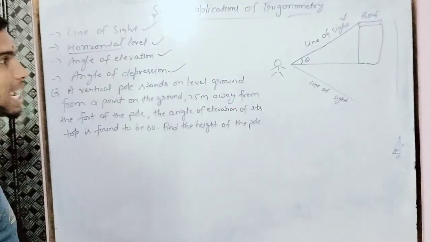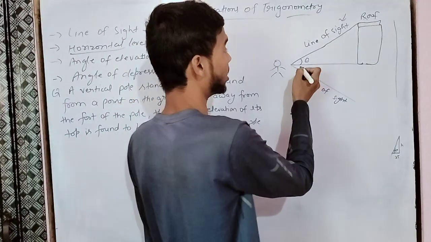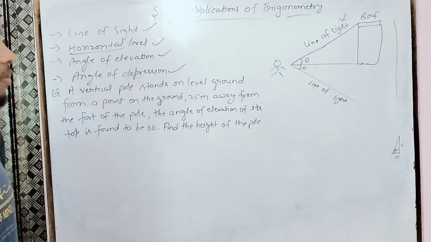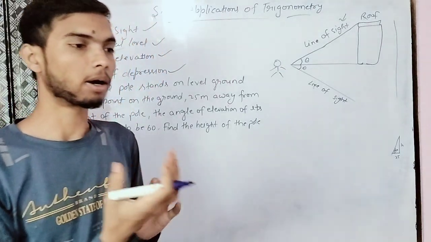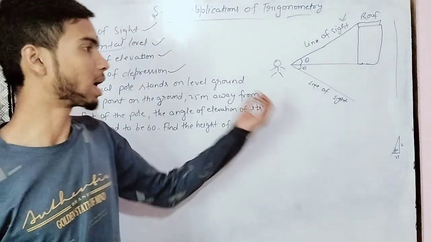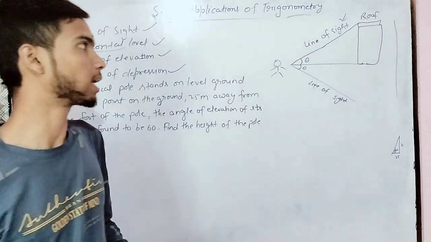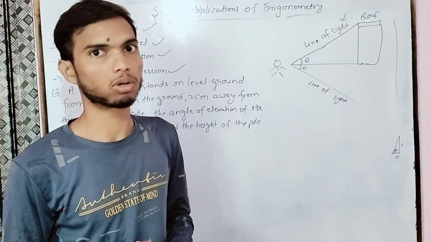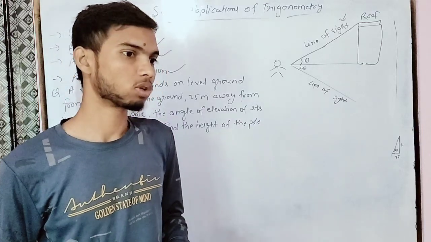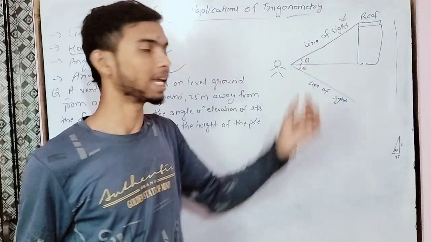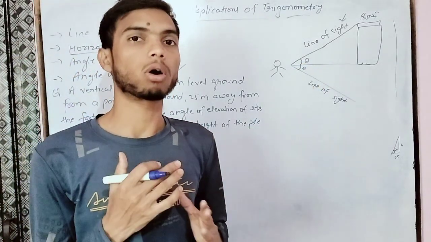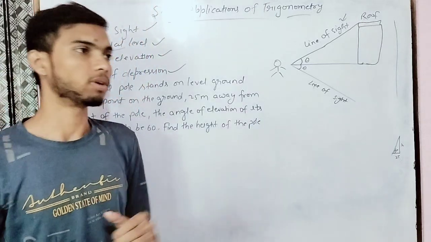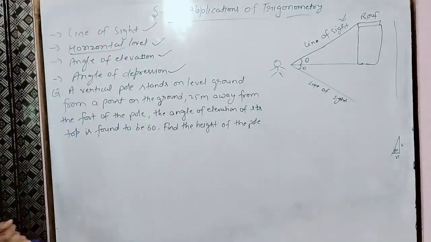When it comes to the angle of depression, this angle is making below the horizontal, so that is the angle of depression. An angle which is making above the horizontal with the line of sight will be the angle of elevation.